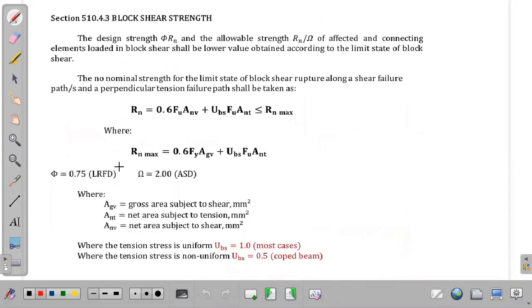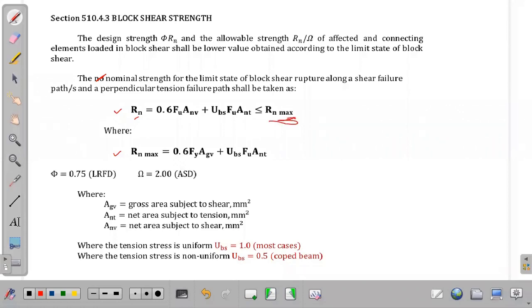Okay, so what will our equation be? The code has given this equation. The nominal strength for the limit state of block shear rupture along the shear failure path and the perpendicular tension path shall be taken as follows. So our Rn is equal to 0.6 Fu Anv plus Ubs Fu Ant, which is less than Rn max.